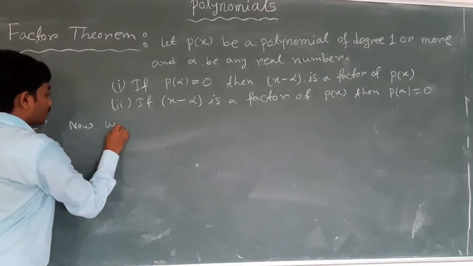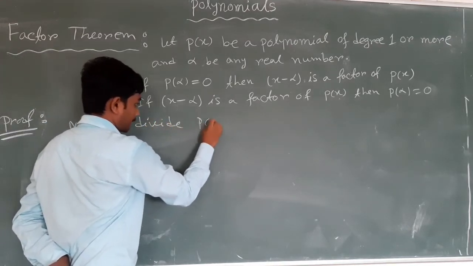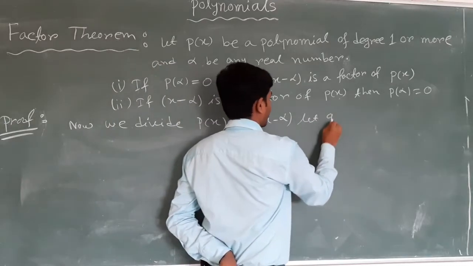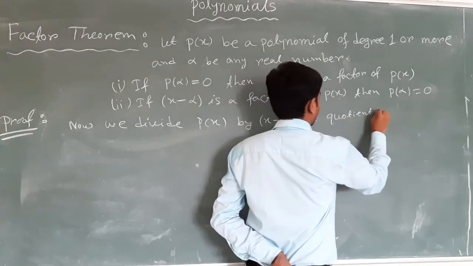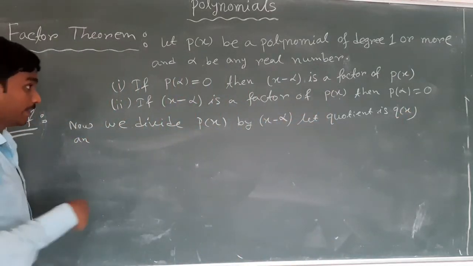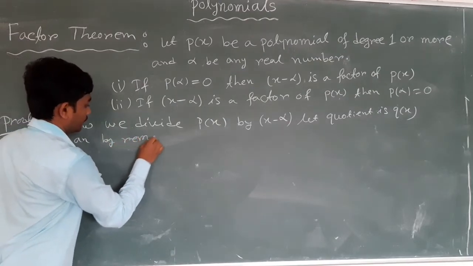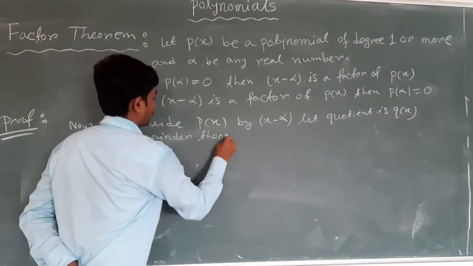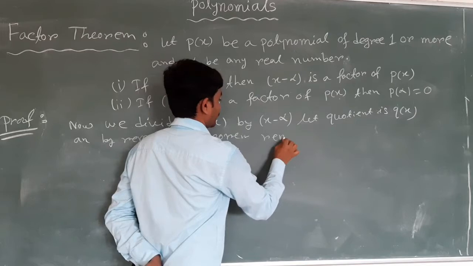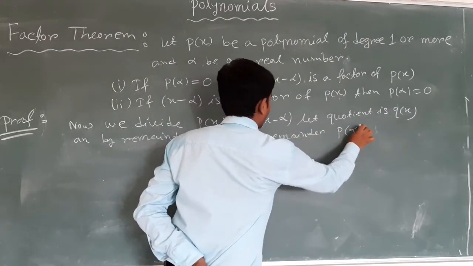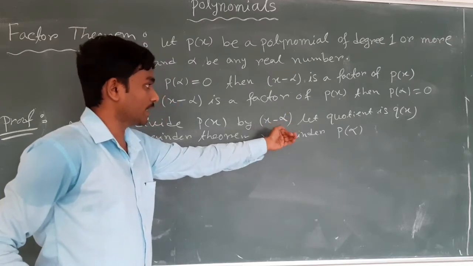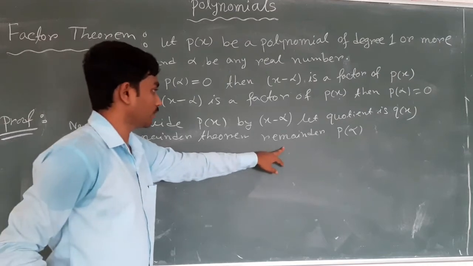Now we divide p(x) by x minus alpha. Let the quotient be q(x), and by the remainder theorem, the remainder will be p(alpha).